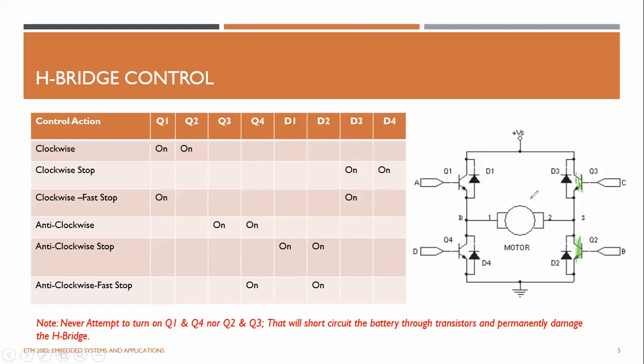Therefore, when you're turning on any motor, make sure you use some dead time. So you turn this guy to 5 volt, right? And at the same time, you have to turn on this guy. And when you turn on this guy, this is the next signal.